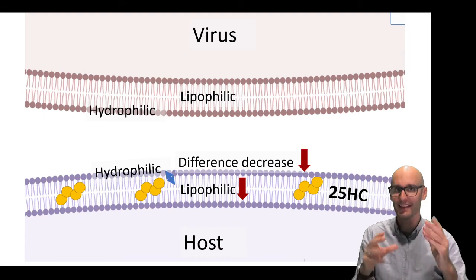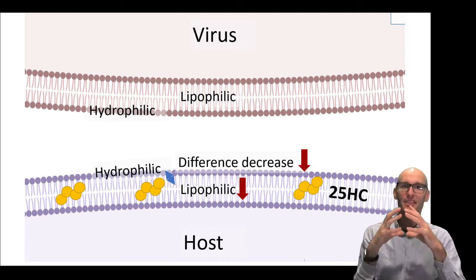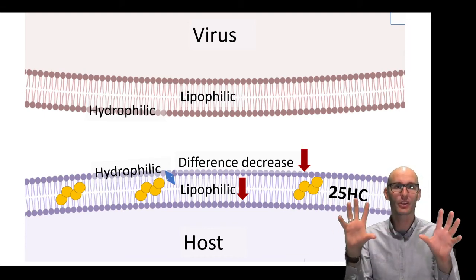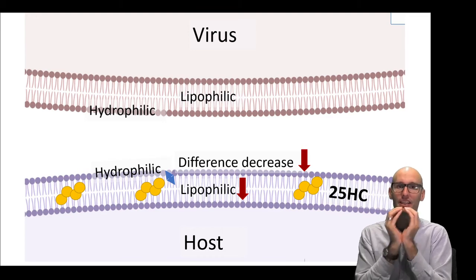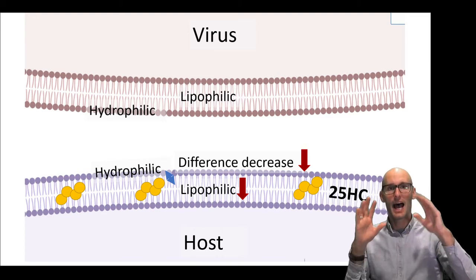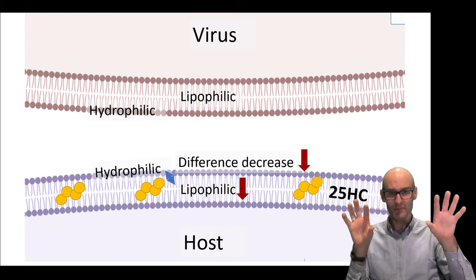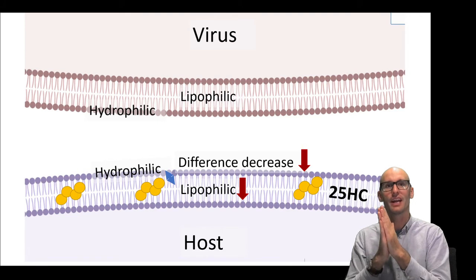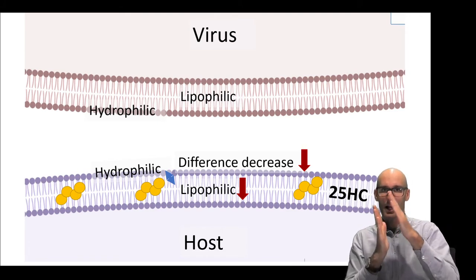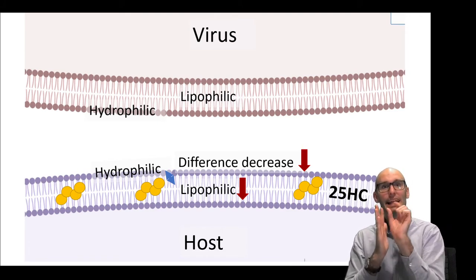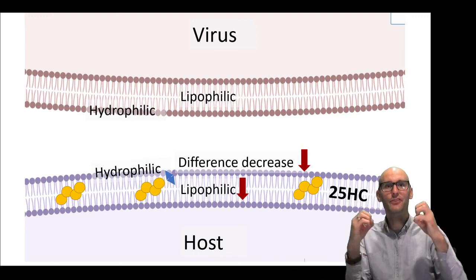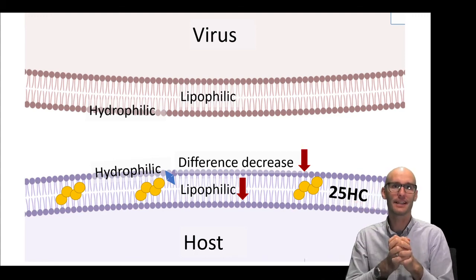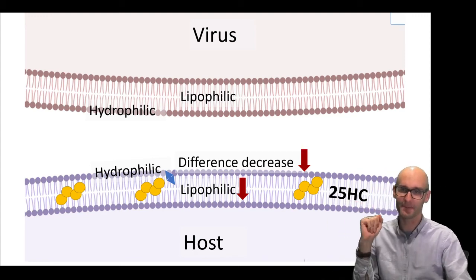But there was a fantastic paper that used just lipid particles, so there's nothing else going on, it's purely synthetic, using just phospholipid particles, and they showed that if you put this 25 hydroxycholesterol in, you reduce the lipophilic hydrophilic difference in that particle, which allows fusion a lot easier. So it was fantastic research, so I fully buy into it.